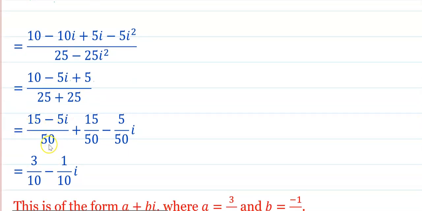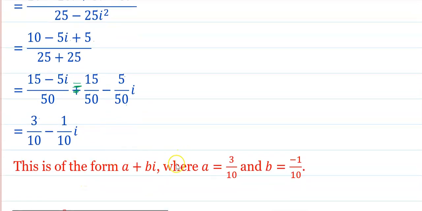Split this up. Okay. Now, here we split up. Instead of this sign, we write here equal to. Okay. 15 upon 50 minus 5 upon 50. Simplification. 15 upon 50 is 3 by 10. 5 by 50 is 1 upon 10. Okay. Now again equate the real and imaginary part. a is 3 by 10 and b is minus 1 upon 10.